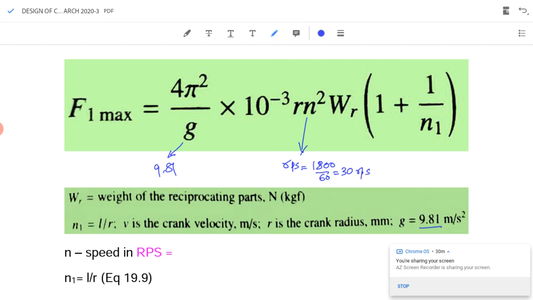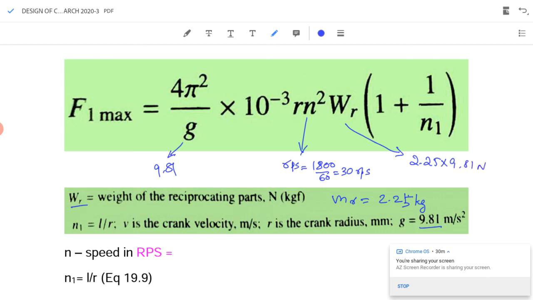Further, it is given WR is the weight of the reciprocating parts. You should be careful about the units, because here the mass of the reciprocating parts is given as 2.25 kilogram. So WR will be equal to 2.25 into 9.81, that much Newton.